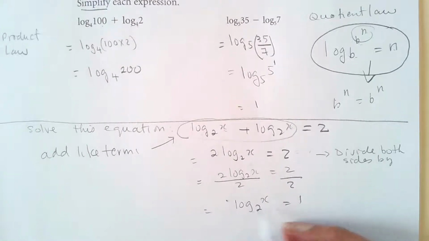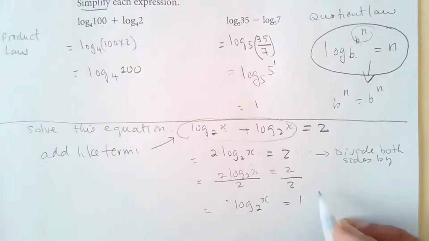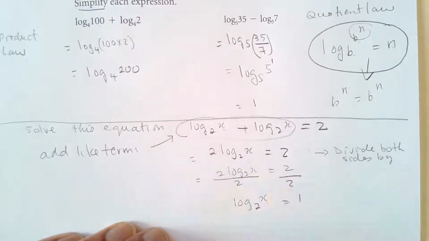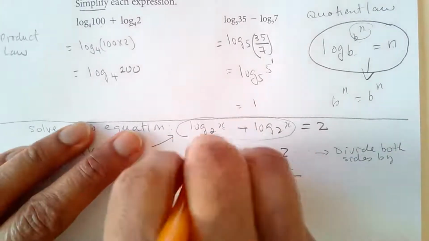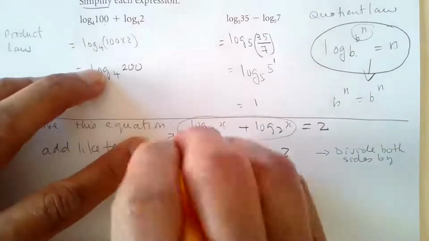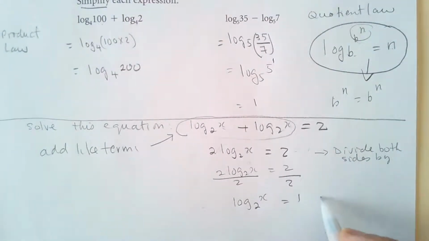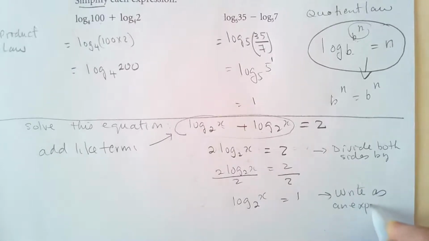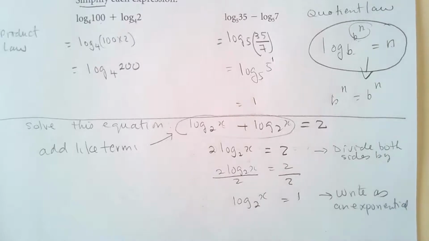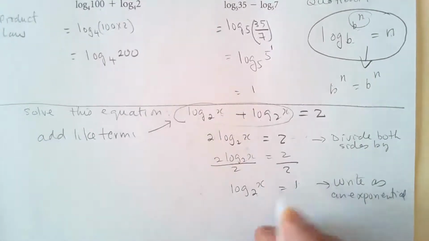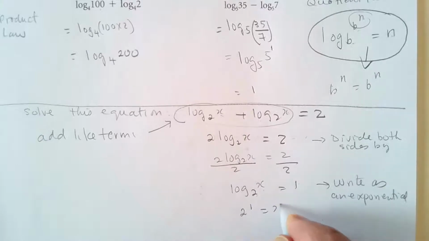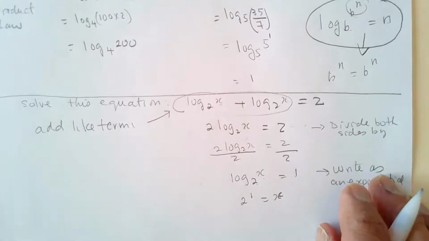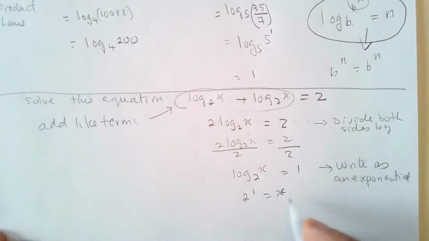Now we're going to write this as an exponential. So we have 2 to the power 1 is going to be equal to x. So we can say that x is equal to 2.